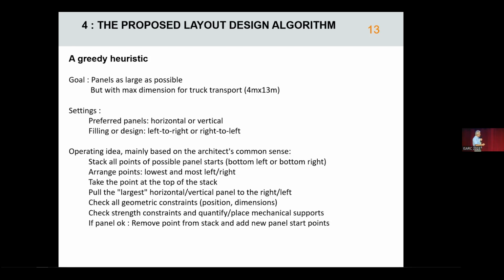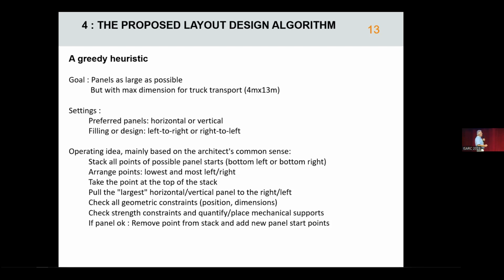Settings: preferred panels can be either horizontal, most of the time, or in some situations vertical. And you fill the panel starting on the left or on the right, so you begin this way or this way. Architects say we go from the bottom to the top; we never tried from the top to the bottom. So we have two parameters: either horizontal or vertical preference, and left to right or right to left.